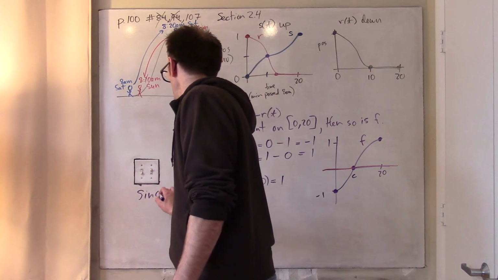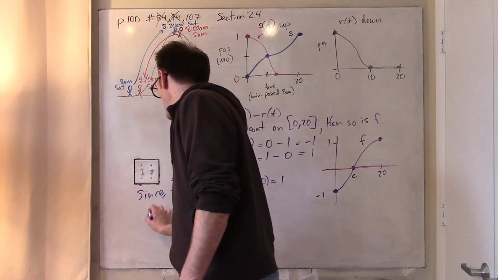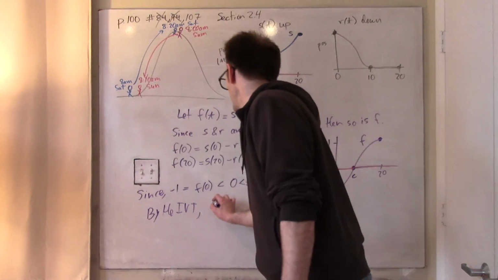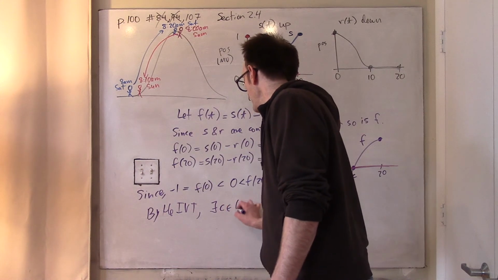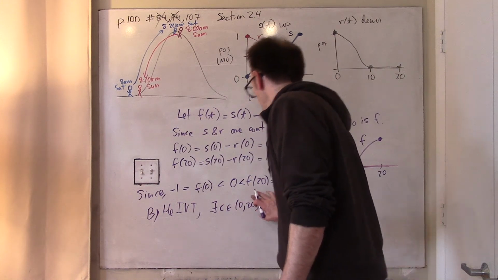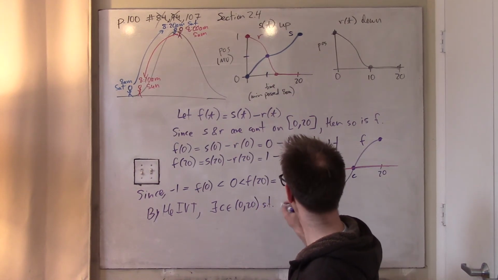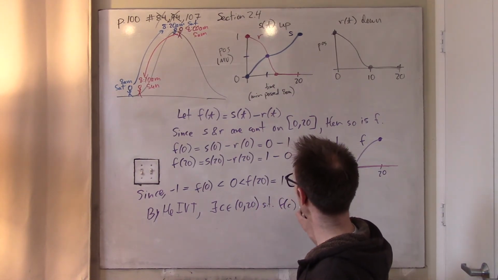Since this is true, then by the intermediate value theorem, there exists a c on the interval 0, 20 such that f of c equals 0.